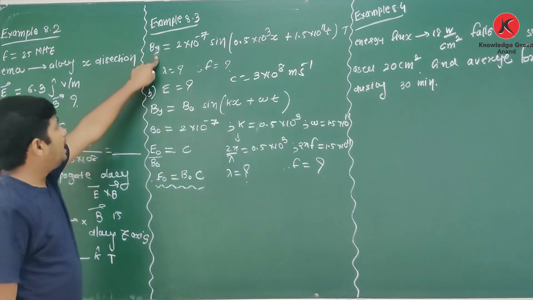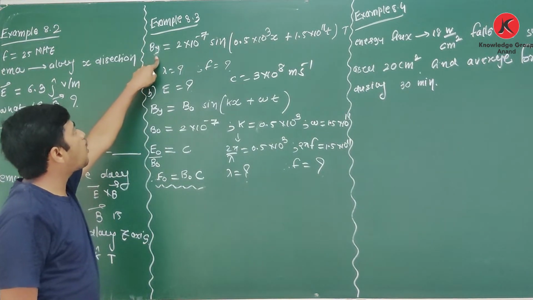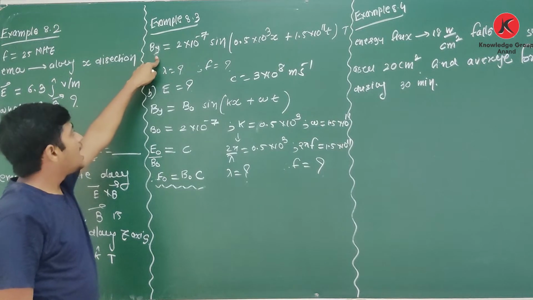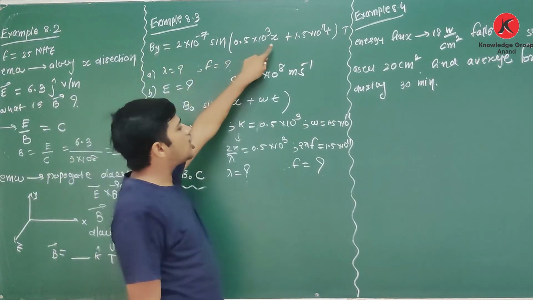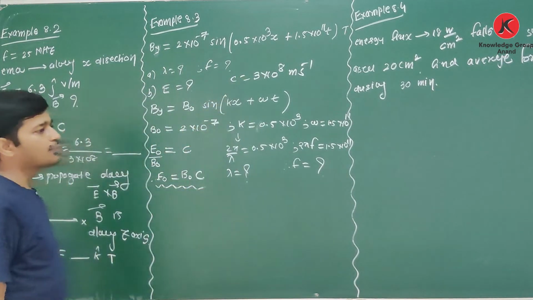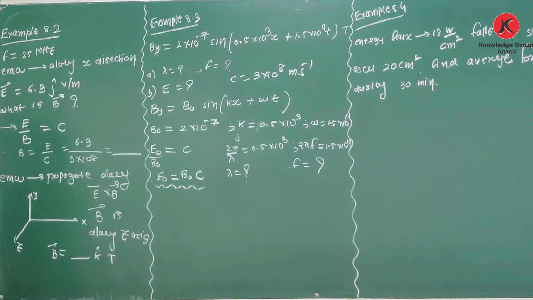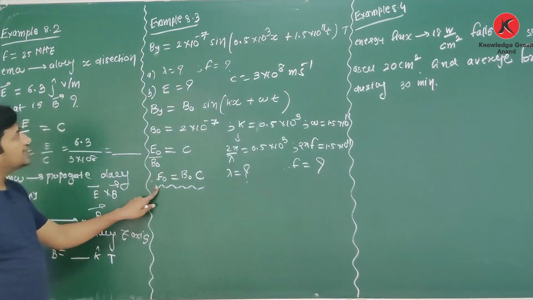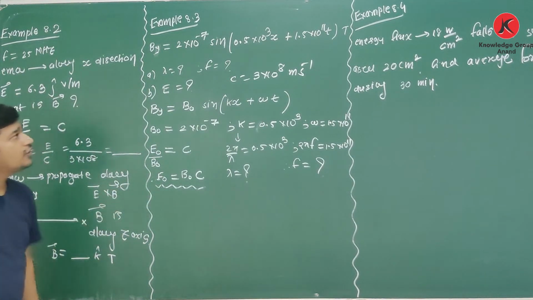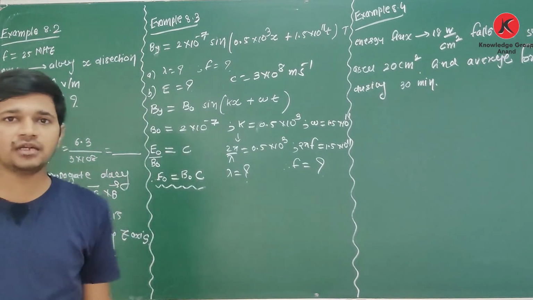See, the magnetic field is along the y-axis. The electromagnetic waves are propagating along the x direction. Then in which direction is the electric field?